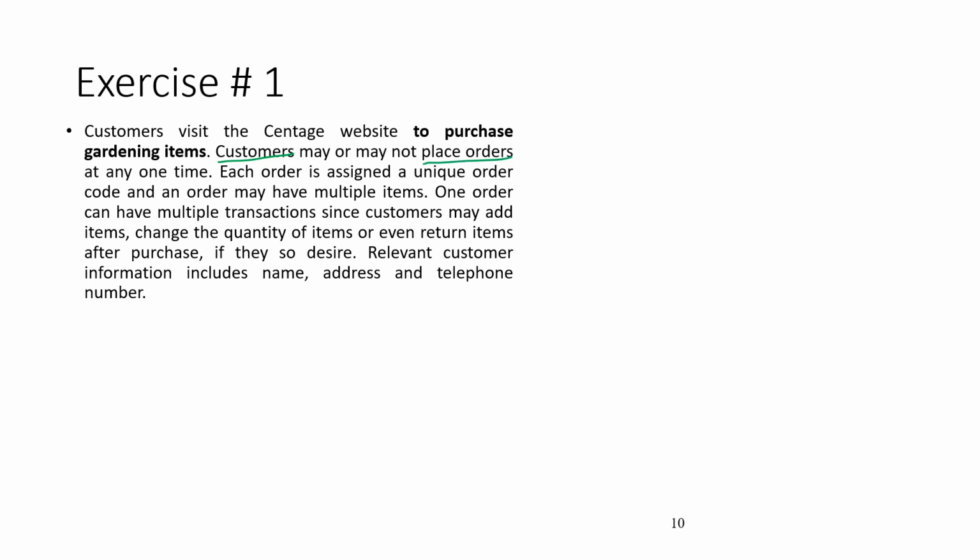Each order is assigned a unique order code, and an order may have multiple items. One order can have multiple transactions. The customer may add items, change the quantity of items, or even return items after purchase. Relevant customer information includes name, address, and so on.